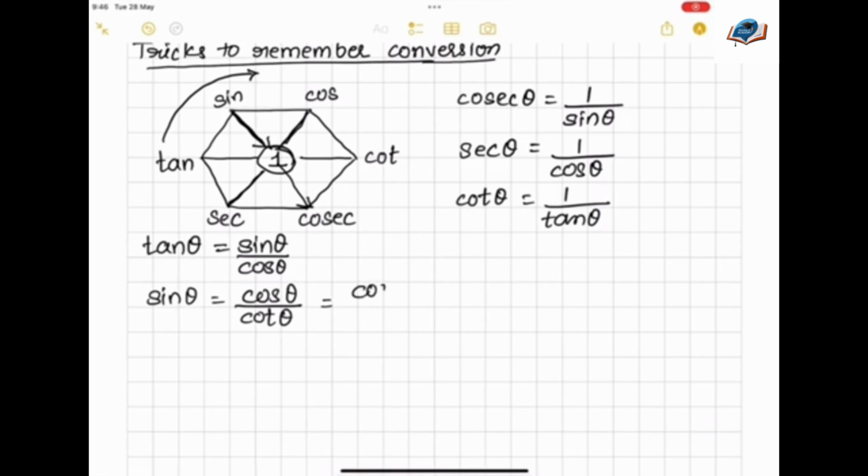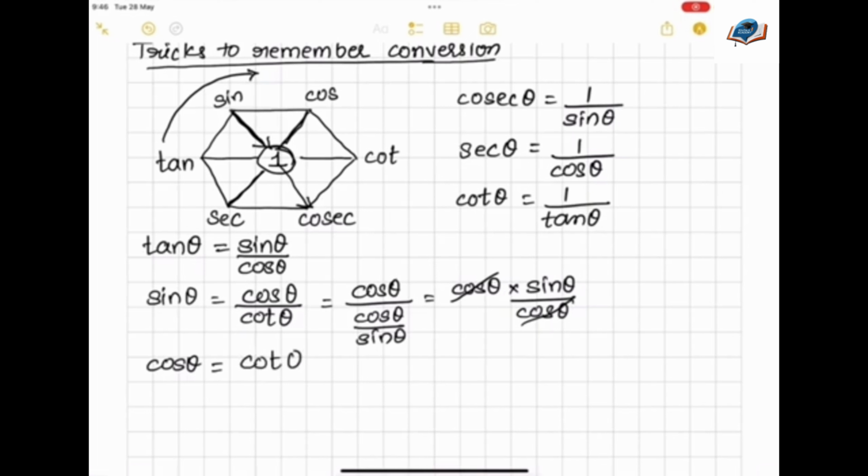Cos theta upon cosec theta, so if I reverse it, cos theta into sine theta upon cos theta. So cos theta got cancelled. Cos theta will be equal to cot theta upon cosec theta.